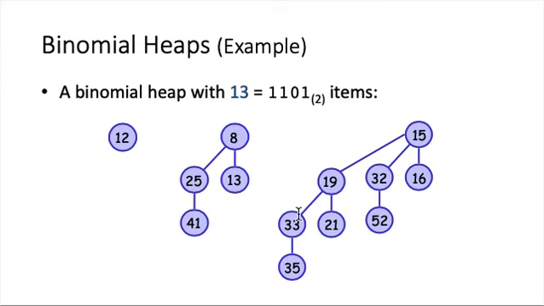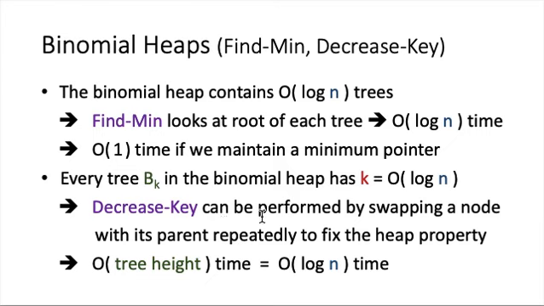If I change this value to -1, then I swap with this one, -1 will be here, then I swap with this one, and so on. So decrease key can be performed by swapping a node with its parent repeatedly to fix the heap property. It is just like the insert operation in a binary heap.